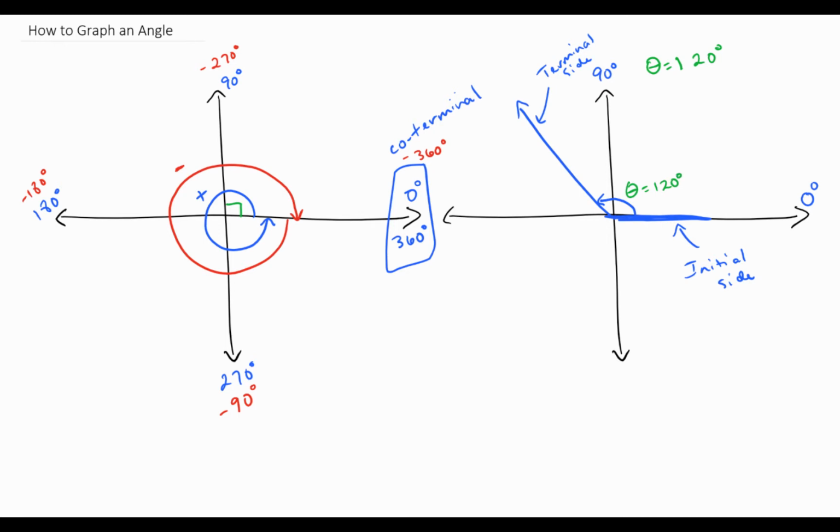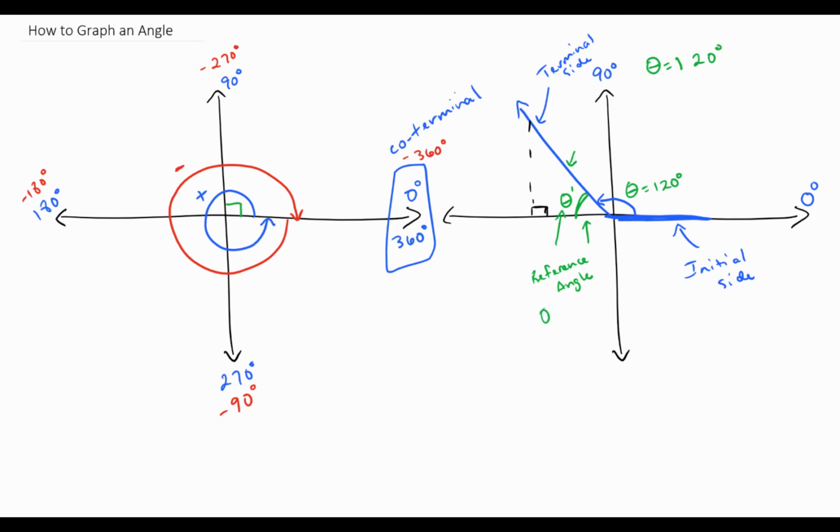And I want to point out that if we then draw a vertical line down from the terminal side, what we've created is a right triangle. And this is going to be the basis of a lot of what we do in trigonometry. And so what we end up with is this little angle right here that is between the terminal side and our x-axis is going to be called the reference angle.